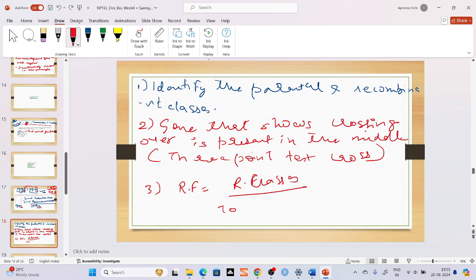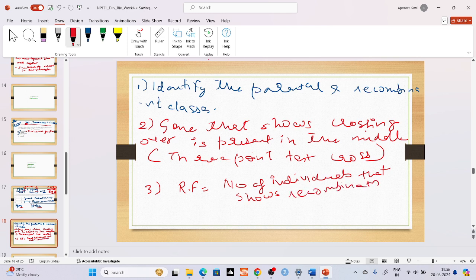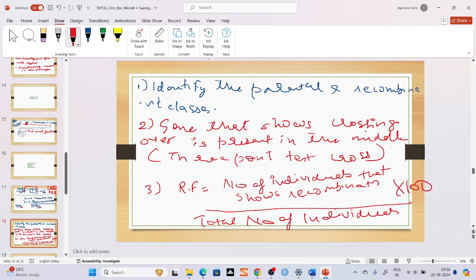Okay, let's write it like this: number of individuals that show recombination upon total number of individuals, into 100. Okay, so this is the formula for calculating the recombination frequency.